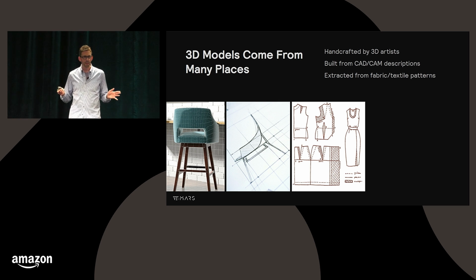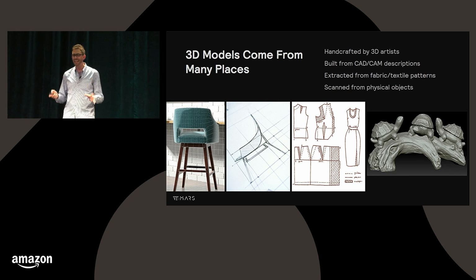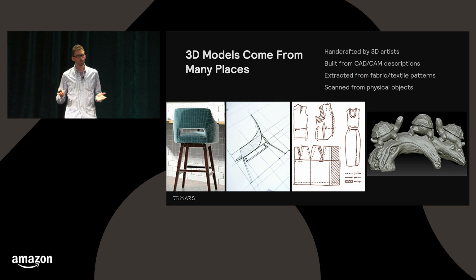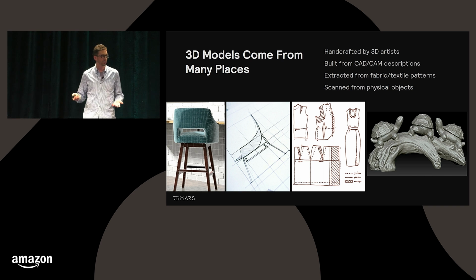The last thing, and this is great if you have physical access to the product, is let's scan it. There are a number of wonderful photogrammetry techniques for doing this, and I'll talk about some of them later. But essentially, if you have a device or a mechanism to take many images and other sensor readings off of the product and run it through what's called a reconstruction pipeline, you can recreate 3D content.